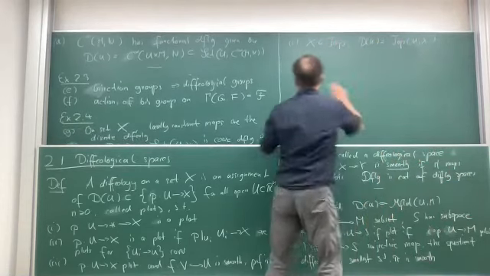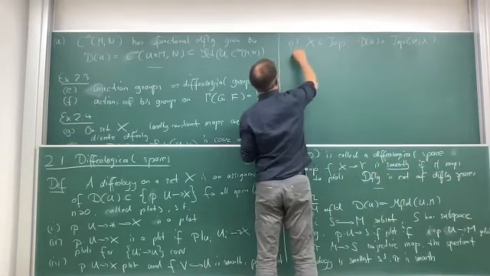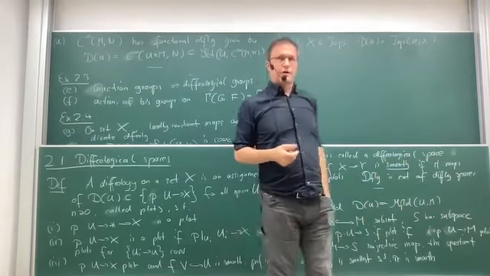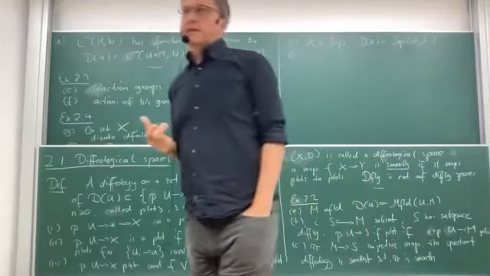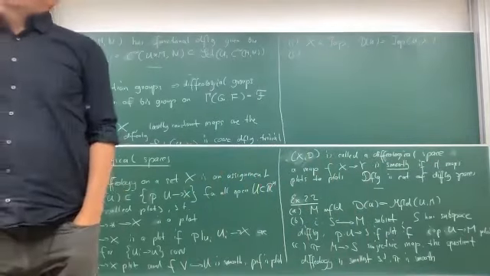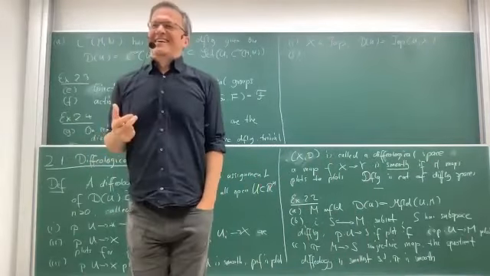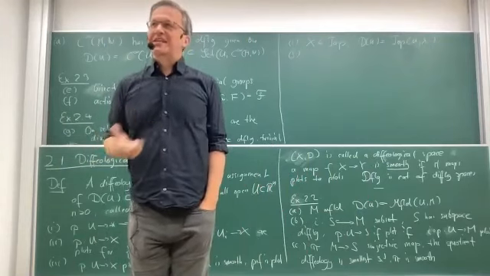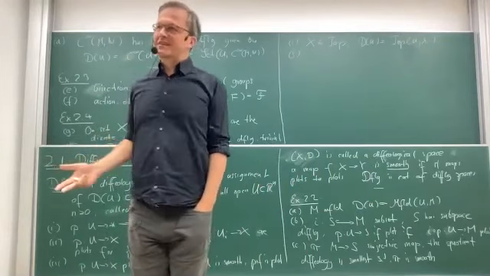And perhaps his last remark is that the construction of the subspace and Poisson topology that I've given to you works for any diffeological space. I didn't really need that.